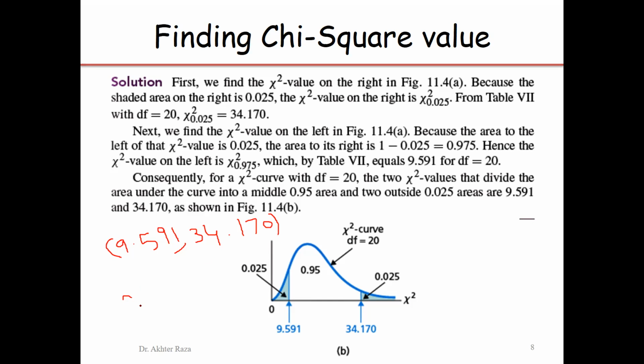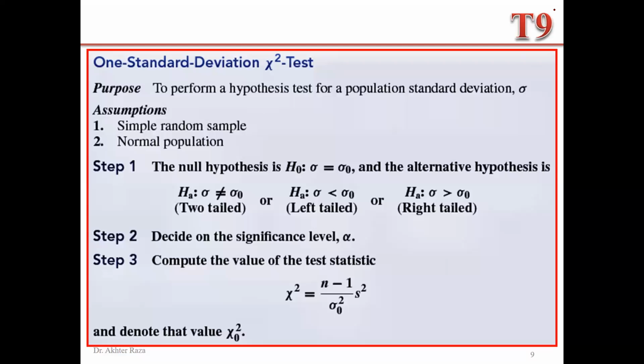So if the chi-square observed value falls in this region, our conclusion will be that the null hypothesis is true, and we take the decision according to the null hypothesis. This is procedure T9.